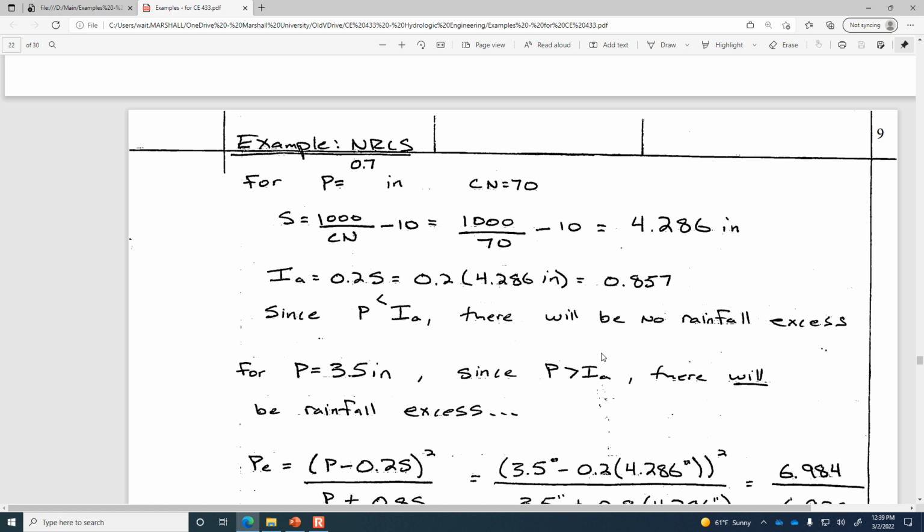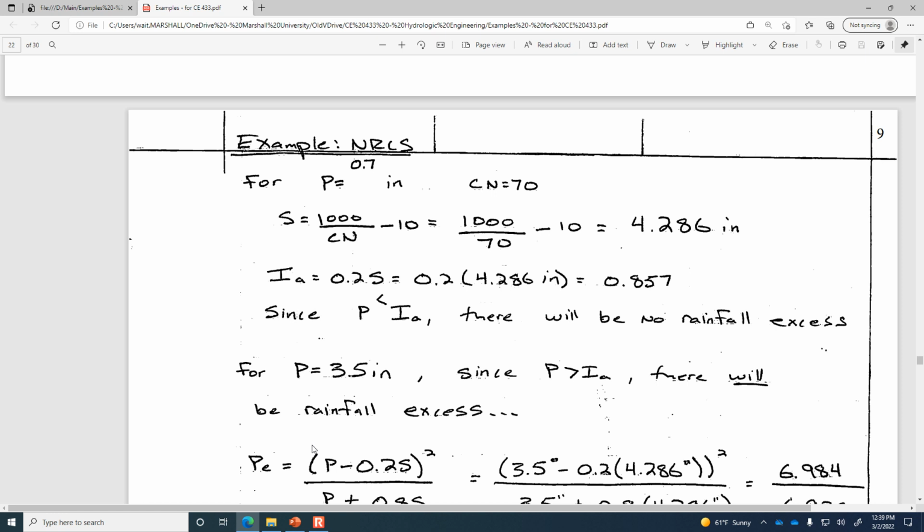Now you might think, well, why would there be any runoff if the storage potential is 4.286 inches? Because, in the second example, we only have 3.5 inches. But remember, it's also about timing.